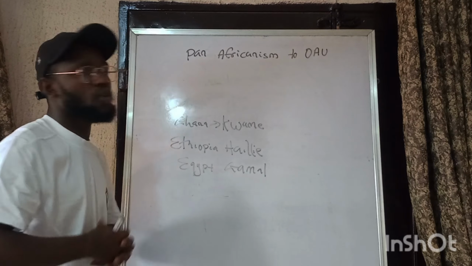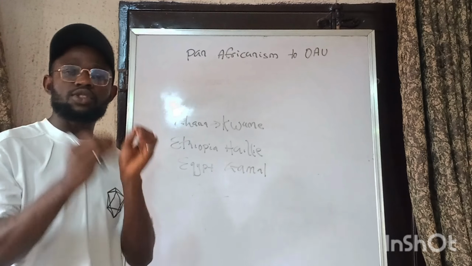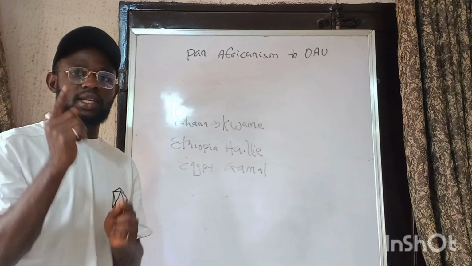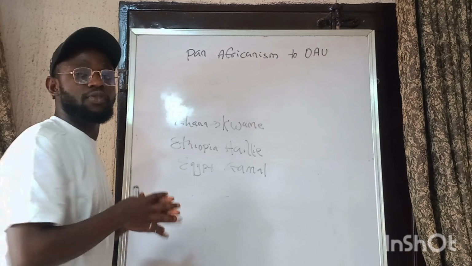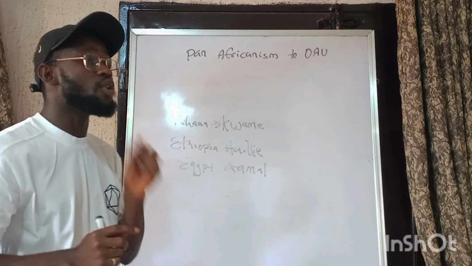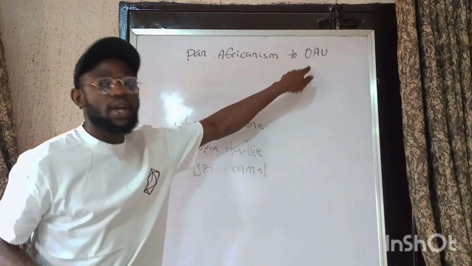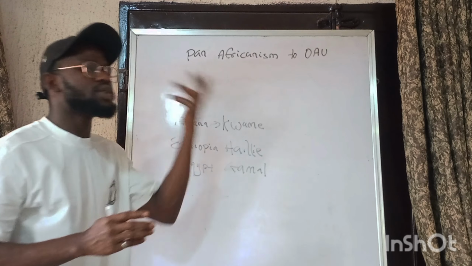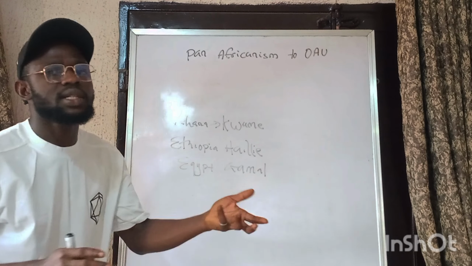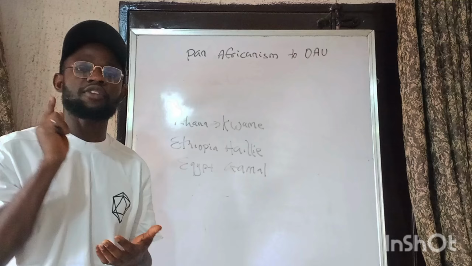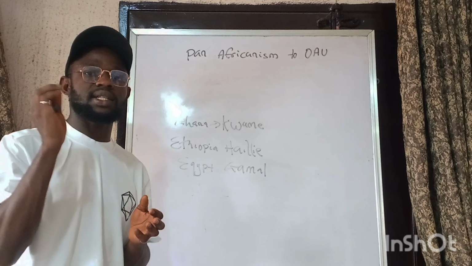But I want you to remember, the OAU was signed by 32 countries. This is part of the first question I dropped before. So it was 32 countries that signed the OAU. But when was it signed and formed? The OAU was formed officially on May 25th in the year 1963.